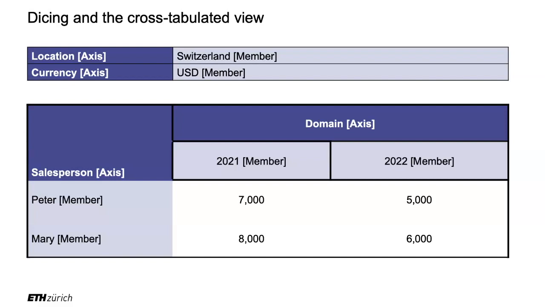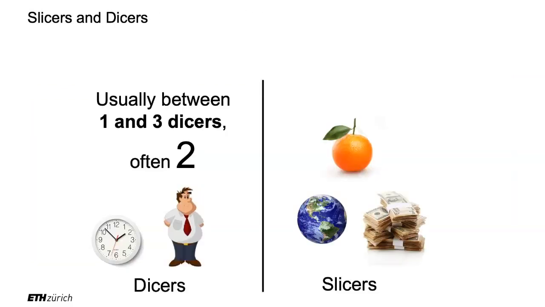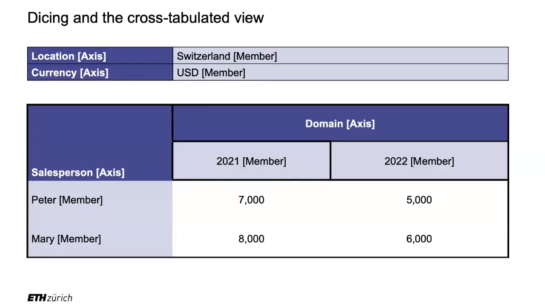You look at your cube, which might have 10 dimensions, and what you need to do is select 2 of them, typically, that are the dicers. You put them on the rows and the columns, and everything else you just slice on, right? You take a slice for the other dimensions. I'm saying 2. It could be 1. 1 also fits, right?